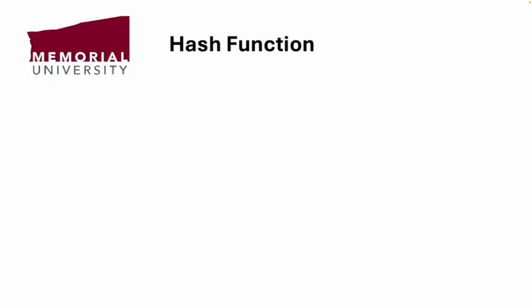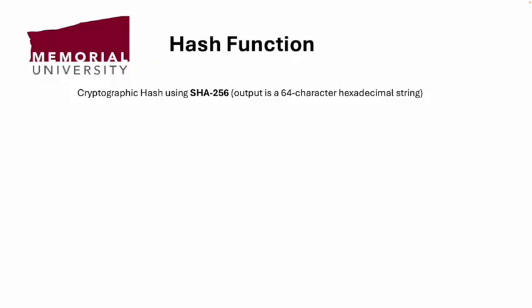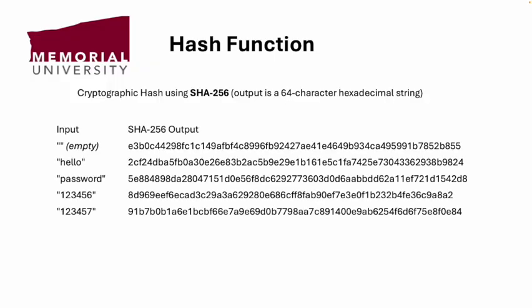Also, there are more complicated hash functions, like the cryptographic ones, for example SHA-256. This is the one most used for encryption. For example, this is the input, and this is the output after the SHA-256 hash function: a 64-character hexadecimal string.